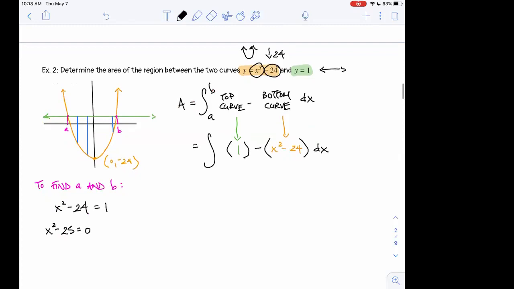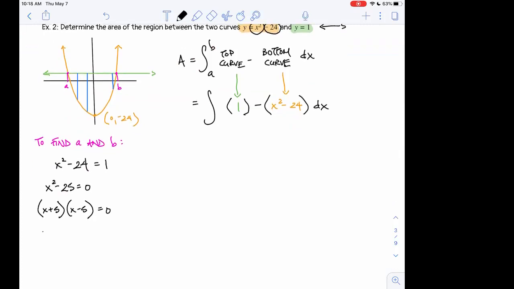And that factors into x plus 5 and x minus 5 equals 0. So I know that x equals negative 5 is one intersection, and x equals positive 5 is my other intersection. So a is negative 5 and b is positive 5.